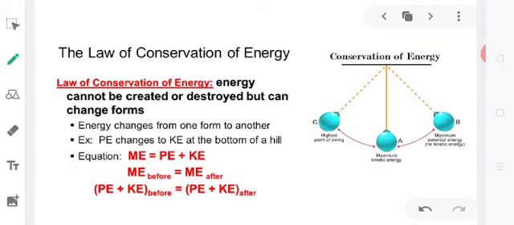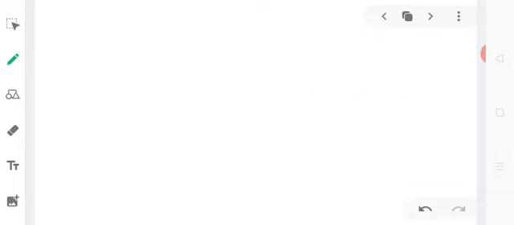Now, let us understand this principle by the conservation of mechanical energy. Let us consider an object of mass m falling freely under gravity.